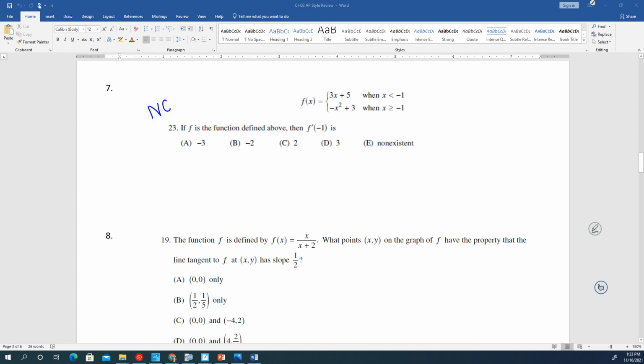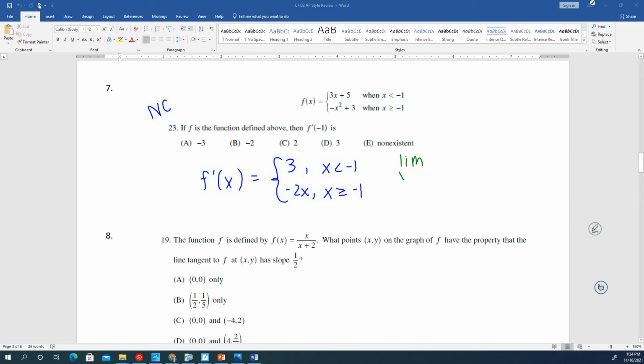Alrighty. If f is a function defined above, then f prime of negative 1 is... Alright, let's find the derivative. The derivative of the top is just 3. Derivative of the bottom, negative 2x. Okay, the pieces don't change. So just like before, I'm going to have to check the left and the right hand limits of the derivative.